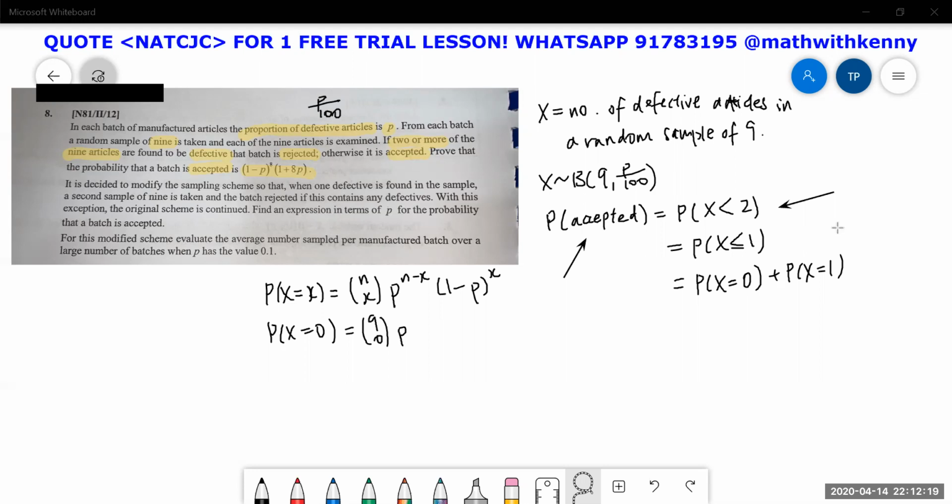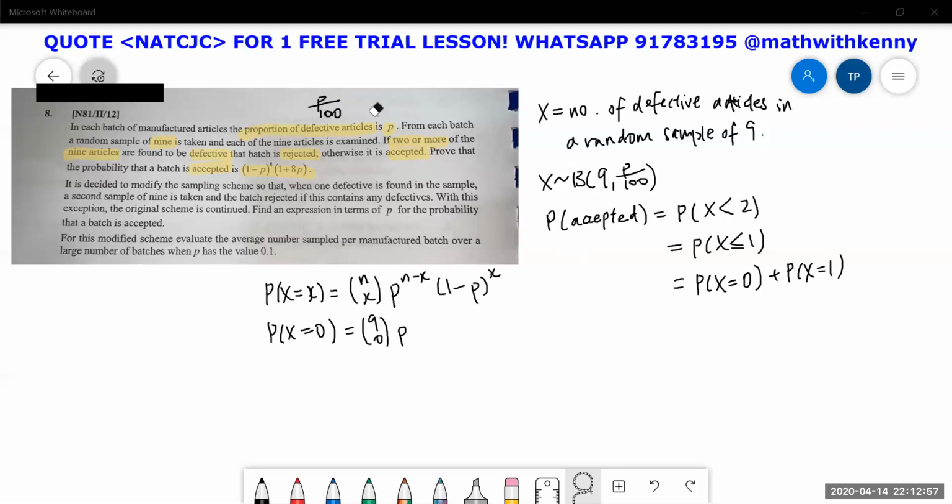So the probability of being accepted is equal to P(X less than 2), which means P(X less than or equal to 1). That means we have to use P(X equals 0) plus P(X equals 1). There's a problem here, because we cannot find this as we are supposed to express it in terms of p.